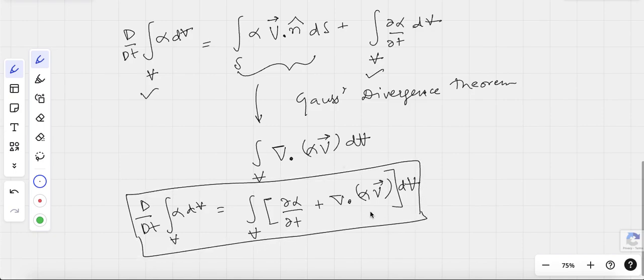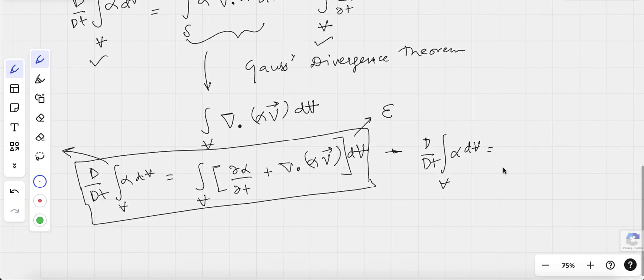The main feature of this transport theorem is the left hand side is the Lagrangian frame of reference and the right hand side is the Eulerian frame of reference, right? This in index notation we can write it as, this is the index notation, right?